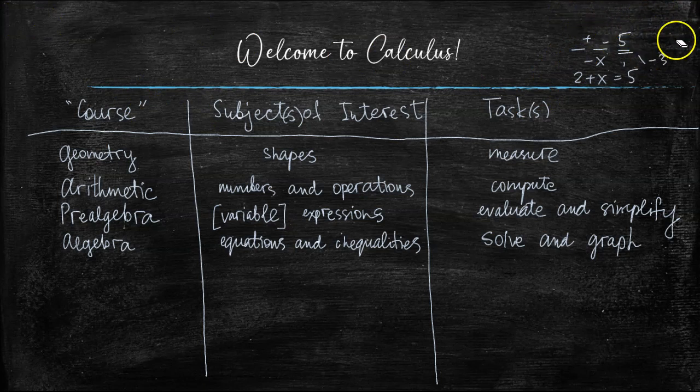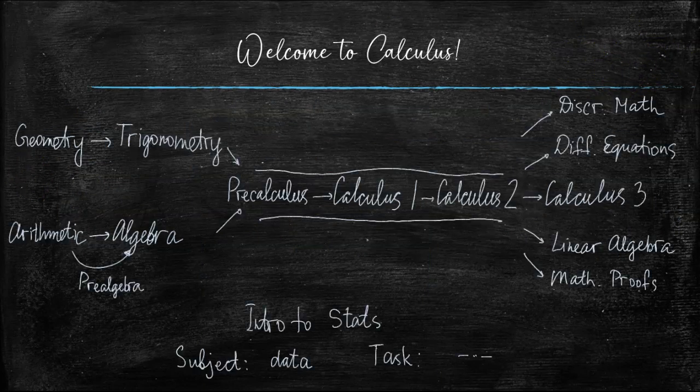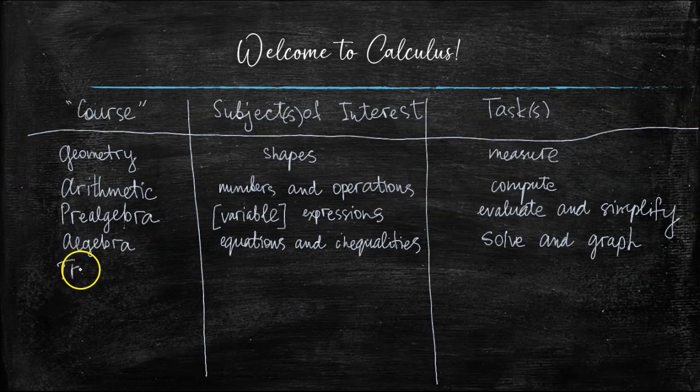After algebra, we have, again, it's not after, it's parallel development, but let's talk about trigonometry. What do we learn in trigonometry? In trigonometry, it's actually interesting because we start with taking a deeper look into triangles.